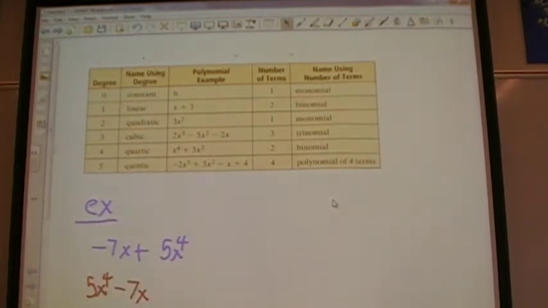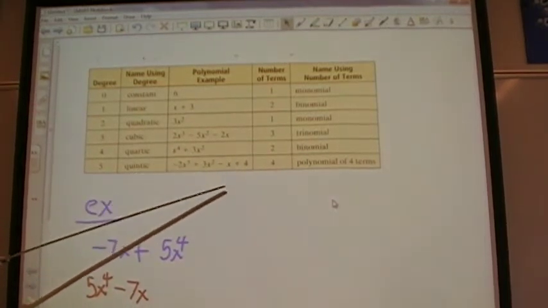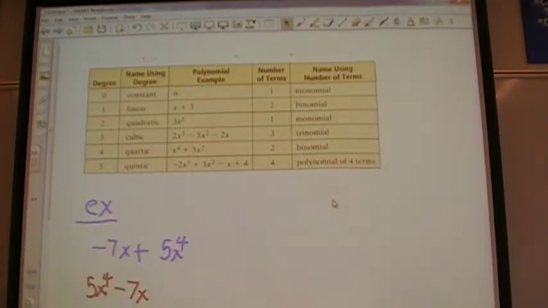Why doesn't the binomial have a number of terms? Because we know a binomial is 2 terms. Anything over 3, you just say a polynomial of that many terms. We have a name for the first 3: monomial, binomial, trinomial.